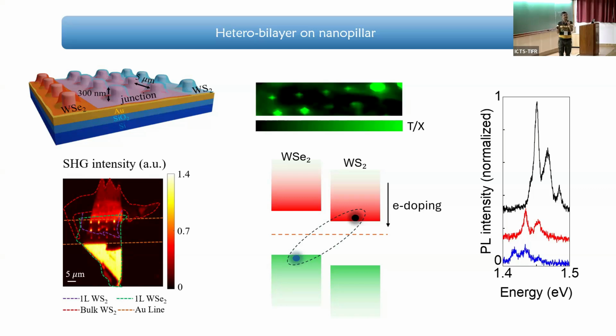Excitons will funnel because there is a change in the band gap, and electrons will also funnel, so you are actually doping the top of the pillars. And the proof is this. This is a mapping of the trion to exciton, and we see very strong trion to exciton mapping. Those who are working in the field know that these trions, or rather the Fermi polarons, are a signature of strong doping in the system.